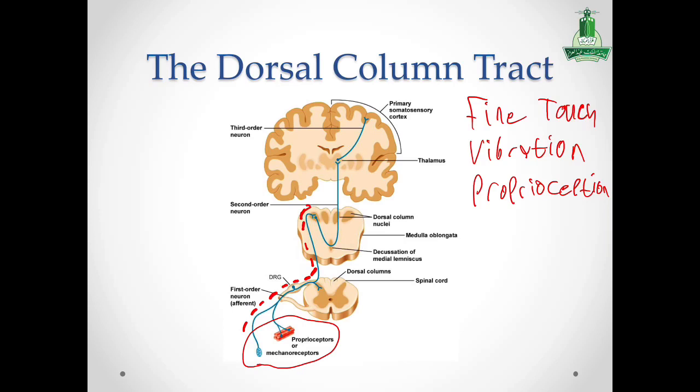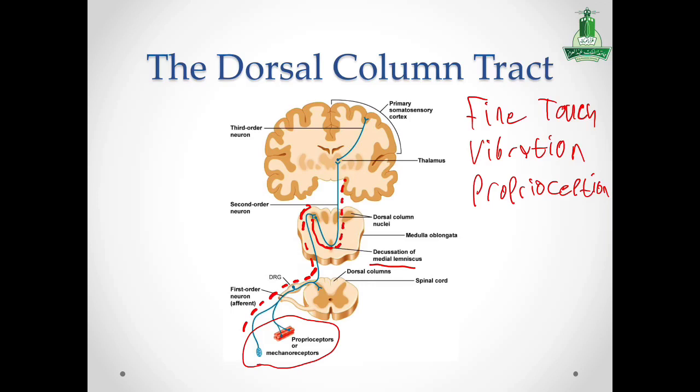In the lateral aspect of the medulla, the first order terminates and the decussation happens, and you can see it is decussating from the ipsilateral side to the contralateral side in the medial lemniscus.